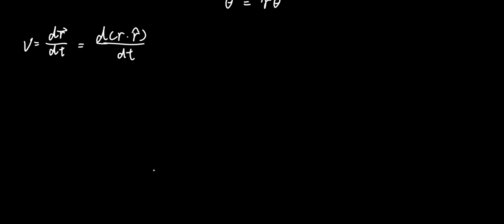And this r right here is the magnitude, that is the distance from point P to the origin. So it becomes r times d r hat dt plus r hat times dr dt. So this is r times r hat dot plus r hat times r dot.